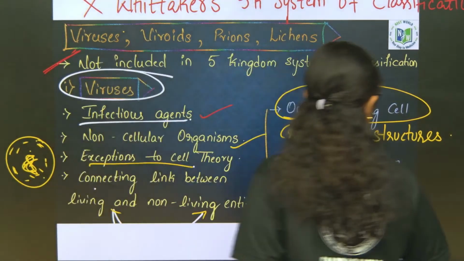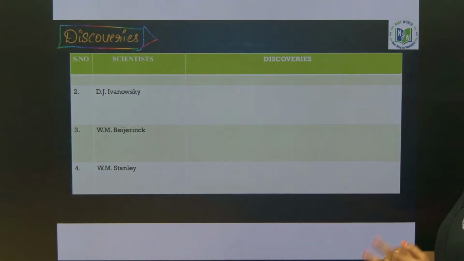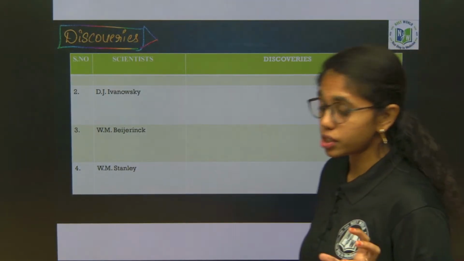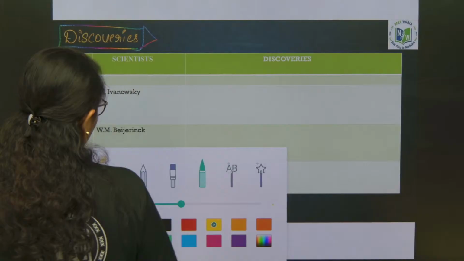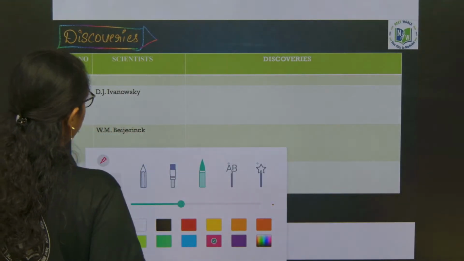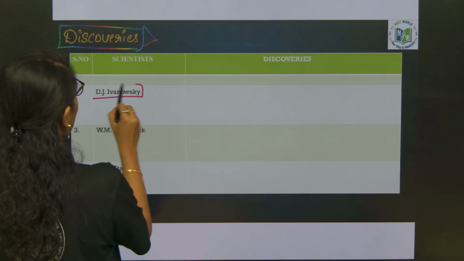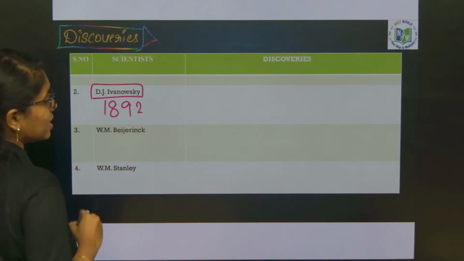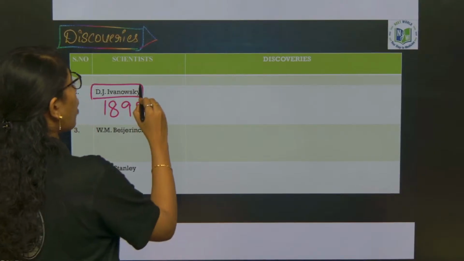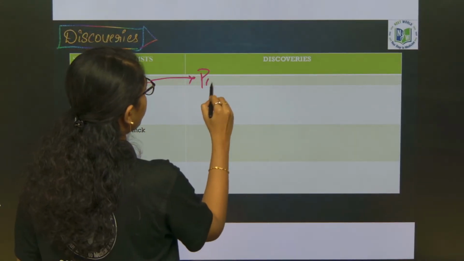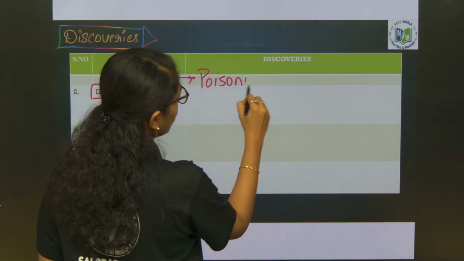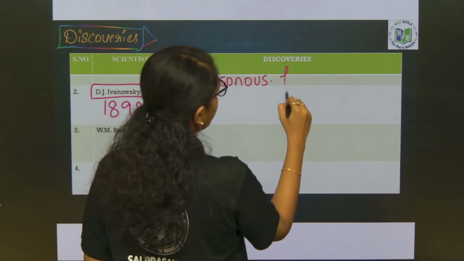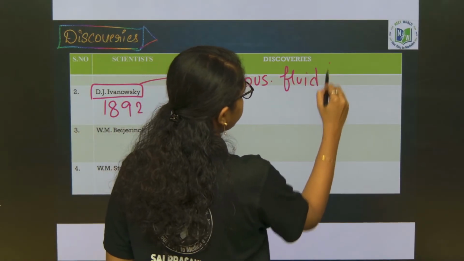Next, discovery of viruses, how the virus was discovered. Firstly, D.J. Ivanovsky, in the year 1892, considered virus as a poisonous fluid or venom.